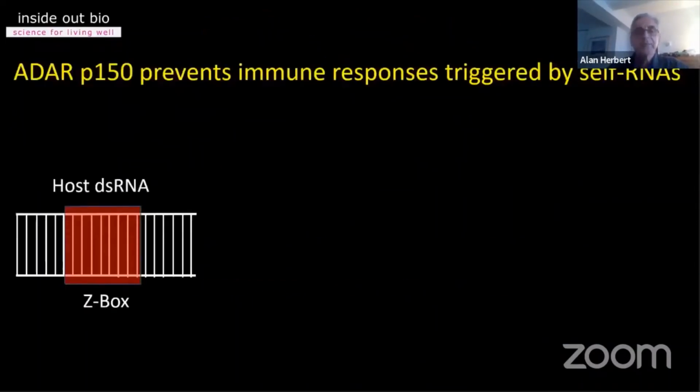But how does ADA prevent the immune response from happening? So it turns out that there are host sequences in double-stranded RNA that have a propensity to form zRNA, and these sequences are present in host RNAs, but not in viral RNAs, for example.